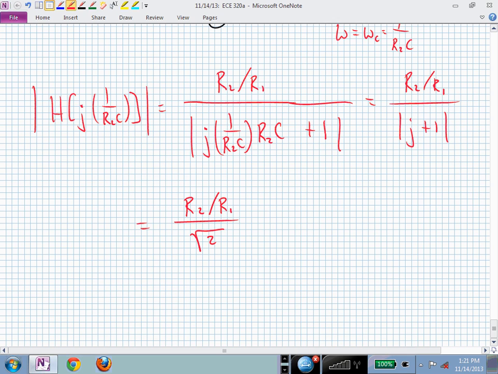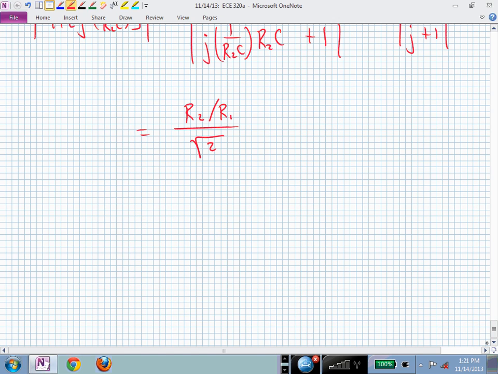What if we wanted to know what that was in dB? What does 1 over the square root of 2 look like in dB? And dB is just 20 log of the number. So this is now, what's the log of a ratio or log of a quotient?